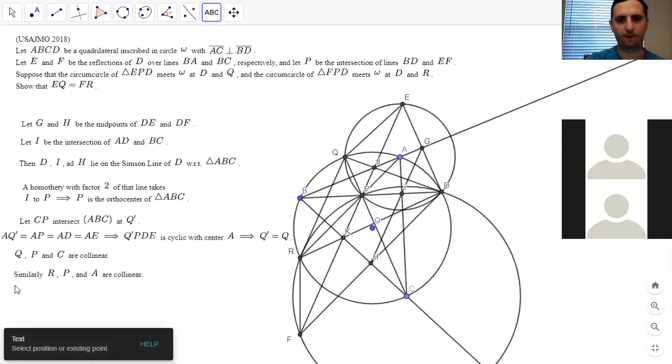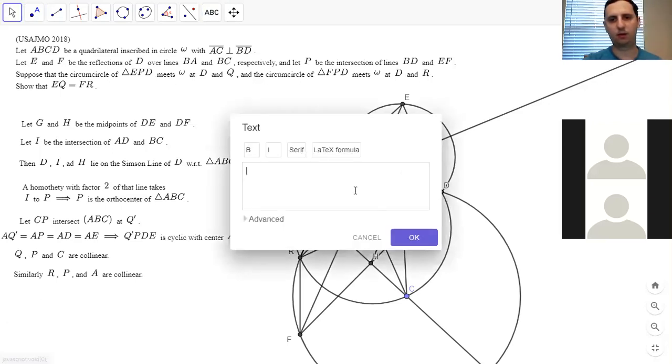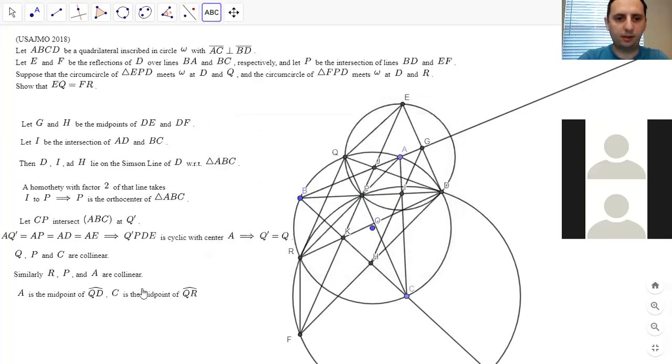So A is the midpoint of arc QD. And C is the midpoint of arc QR. So that means that P is the incenter of QDR.